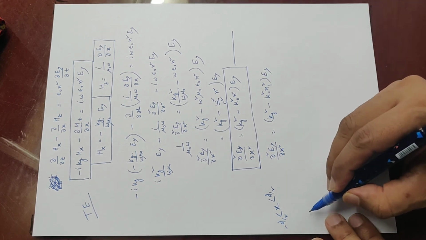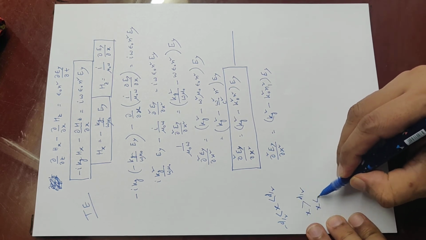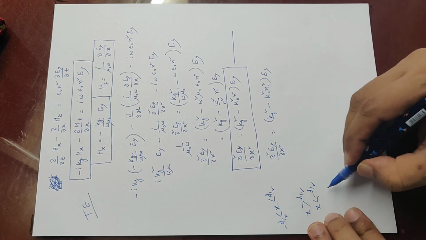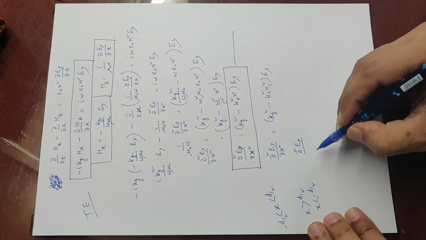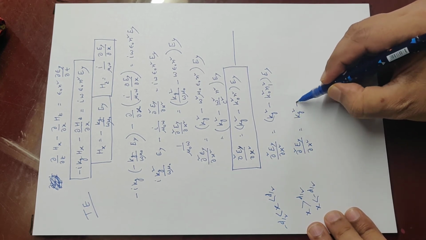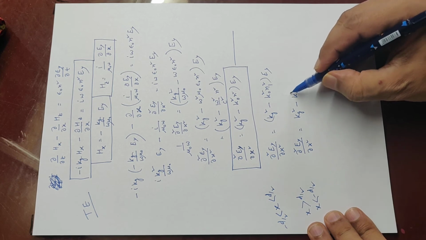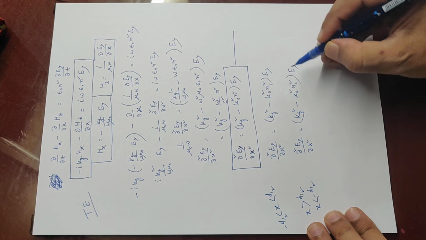And when x is either more than d by 2 or less than minus d by 2, in both these conditions n becomes equal to n2. So d2 Ey by dx2 is equal to kg square minus k naught square n2 square Ey.